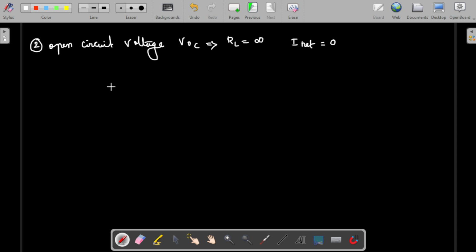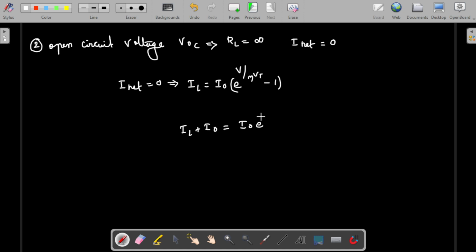Then IL will be equal to I naught e power V divided by eta Vt, minus 1. If we bring this minus 1 to this side, then IL plus I naught is equal to I naught e power V divided by eta Vt.